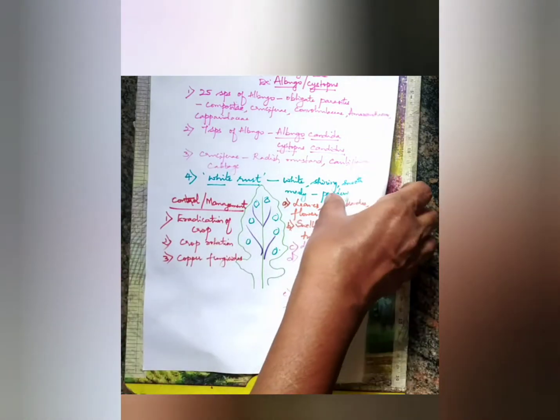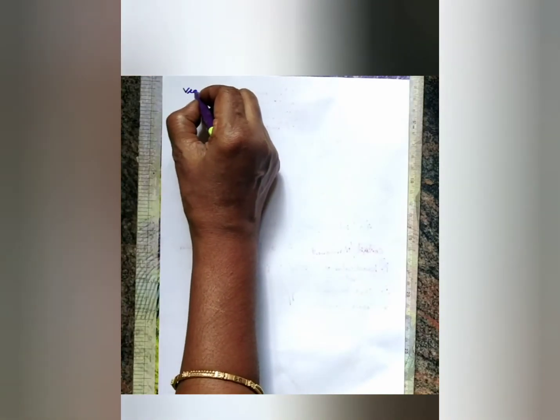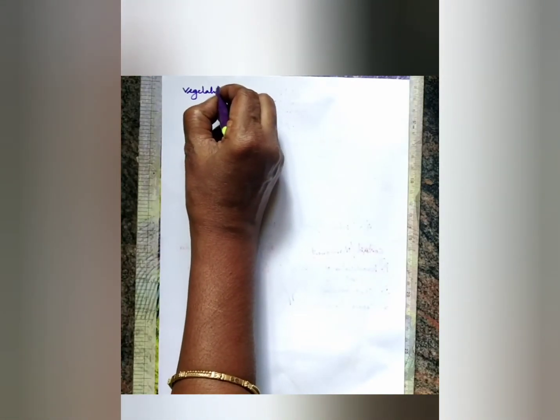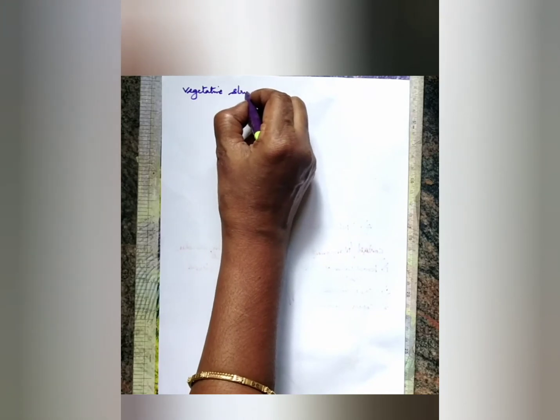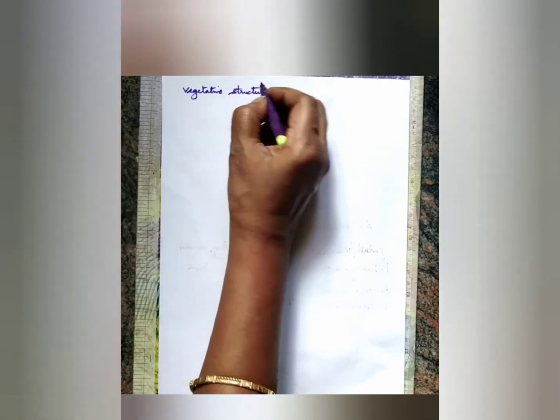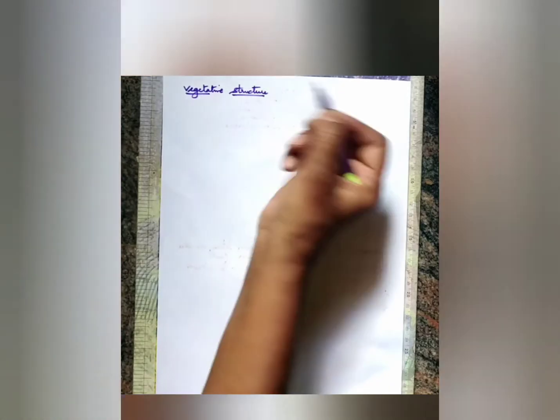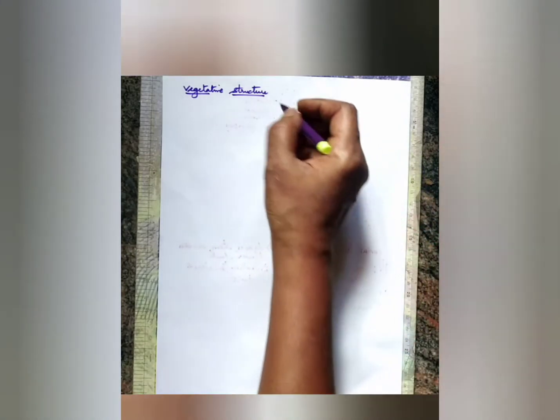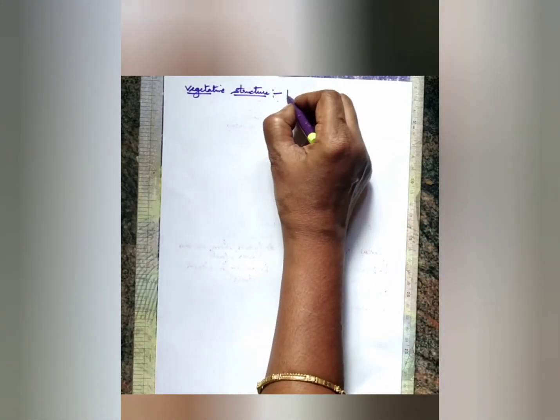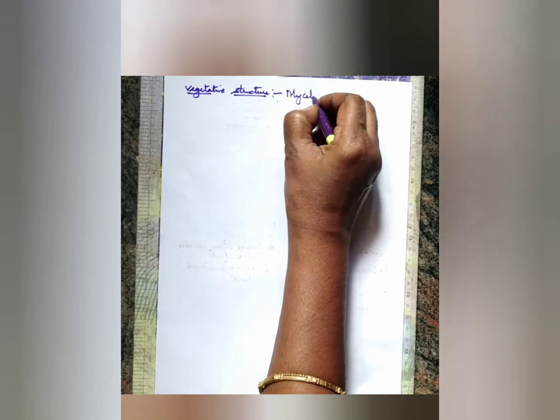So next we shall study the vegetative structure, or the thallus, of Albugo. As you all know, the plant body of fungi is made up of mycelium.